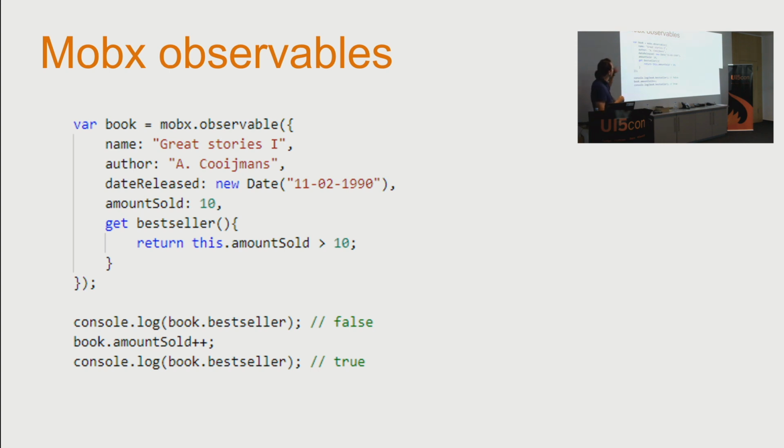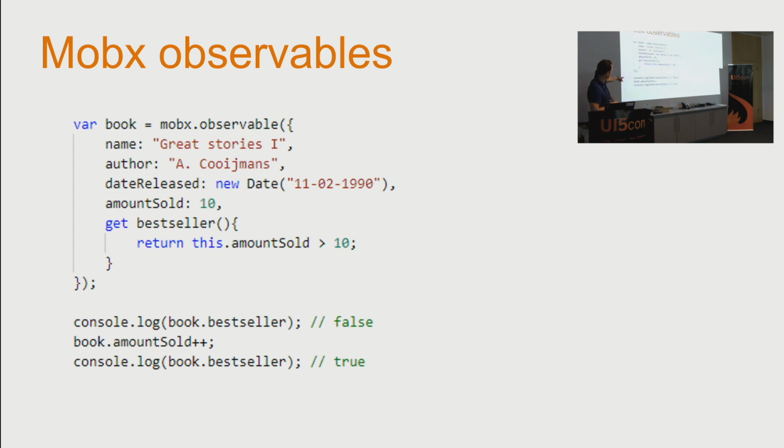So how would you define an observable? Like this, MobX observable, and you just put in your normal data as you are used to. I also put one getter in this example as well. If you're familiar with JavaScript getters and setters, it looks identical. It basically does an identical thing. Only the observable on the top line makes sure that the getter is also observed.